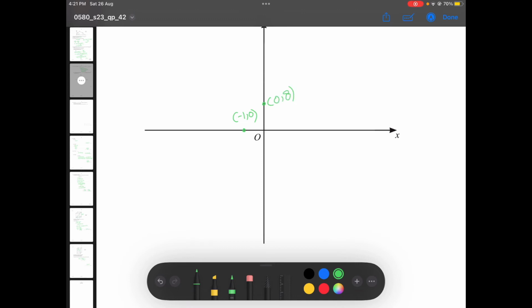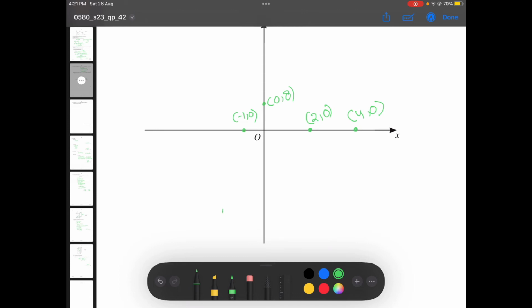Then 1 is 6 and 2 is 0 again, so 2, 0, and then it goes down to negative, and then again we have 4, 0. What is the fifth one? 5 is 18, and it keeps rising beyond that.